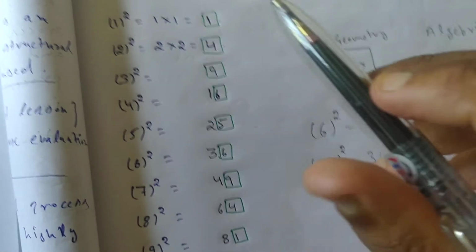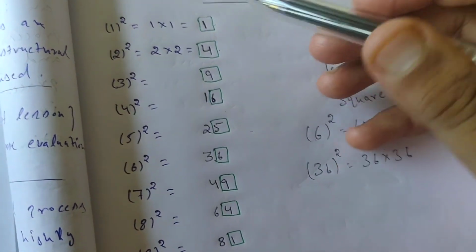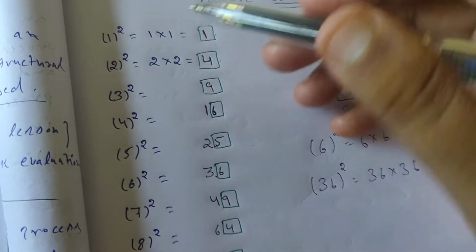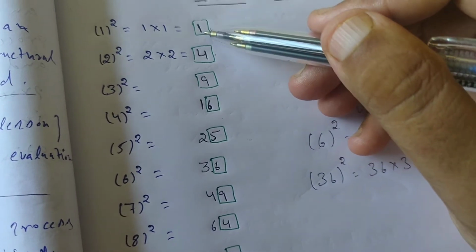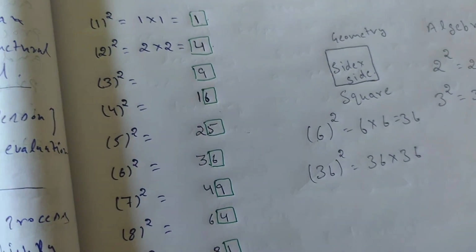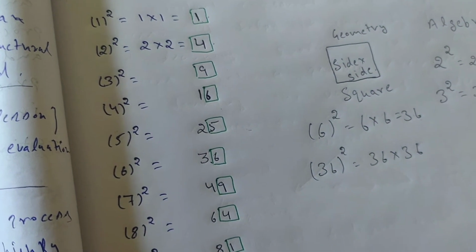Now we will only study their unit place. On 1 square, the unit place is 1. But first, what is the unit place?